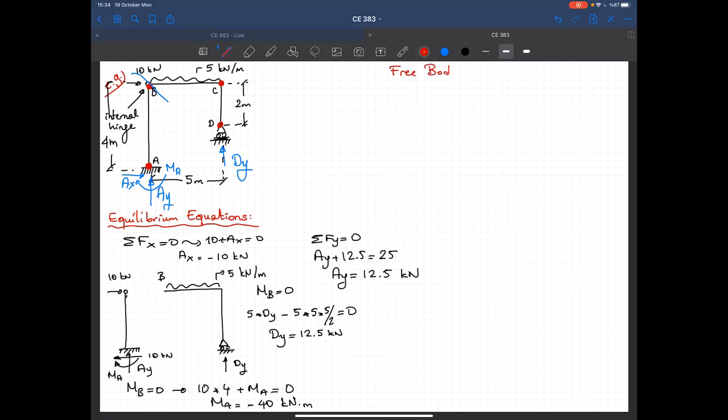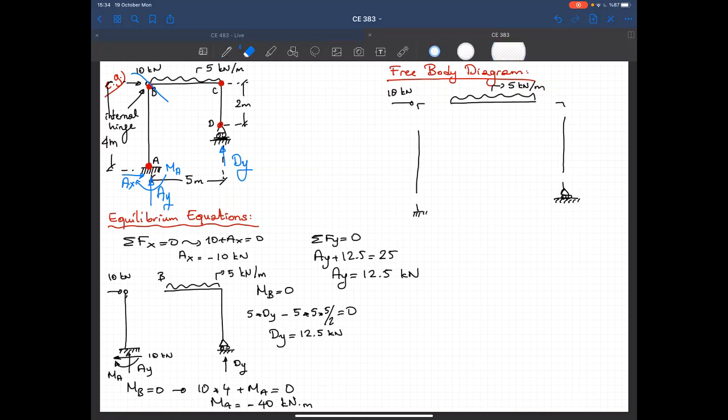Free body diagram, and remember that we are drawing the free body diagram by looking at the discrete version of the structure: node B, member BC, node C, member AB, node A, node C, member CD, and node D. I have a point load that's equal to 10 kilonewtons in here, and a uniformly distributed load that's equal to 5 kilonewton per meter. Okay.